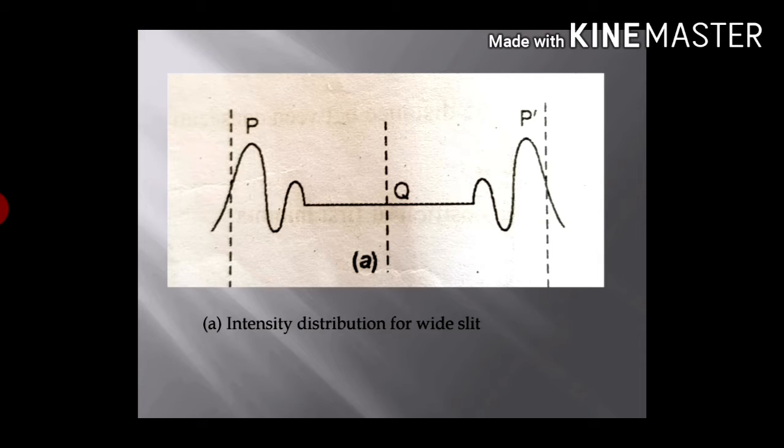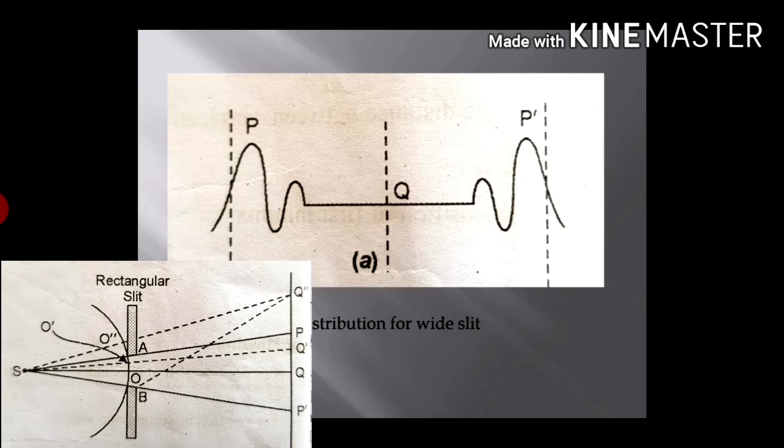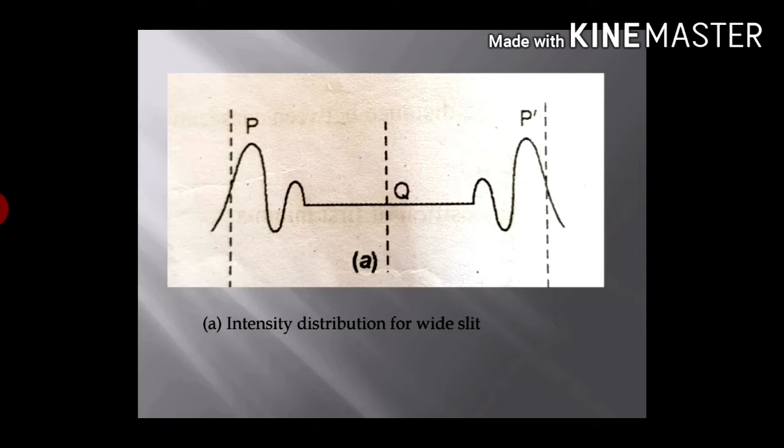Here Q is the central point on the screen. Because the slit is so wide, there is a general illumination around the central point. The intensity will depend upon the number of half period zones.